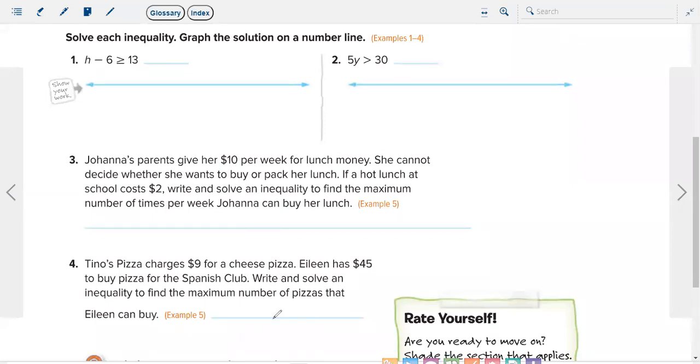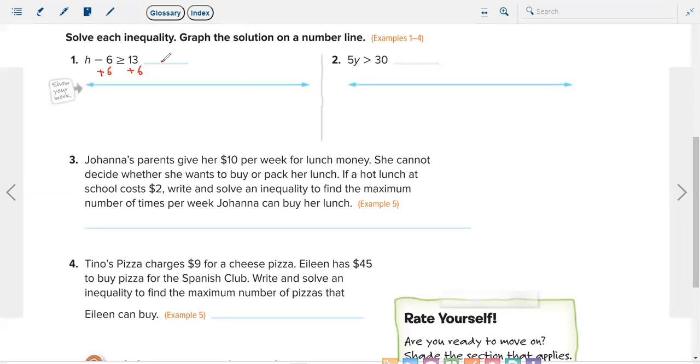In the guided practice, problem number 1, h minus 6 is greater than or equal to 15. So this is a subtraction inequality. And we are going to use addition to solve it. So minus 6, we will do plus 6 for both sides.